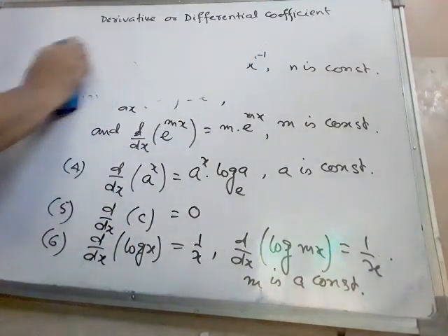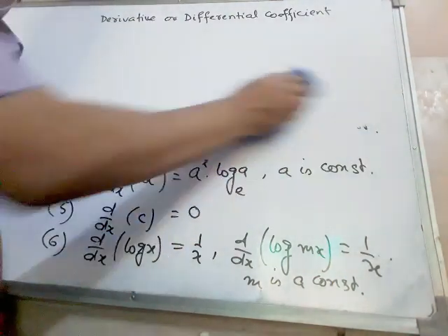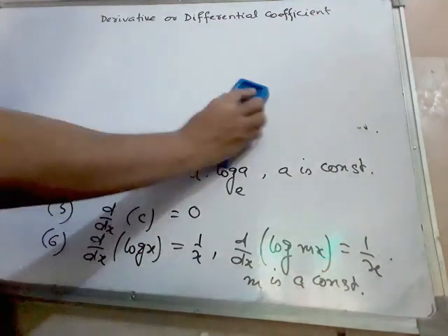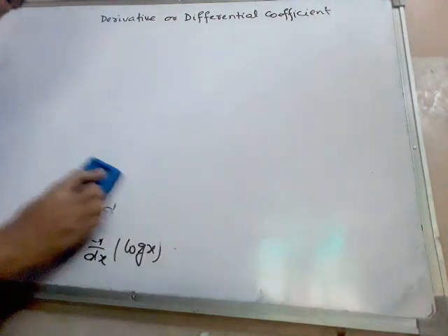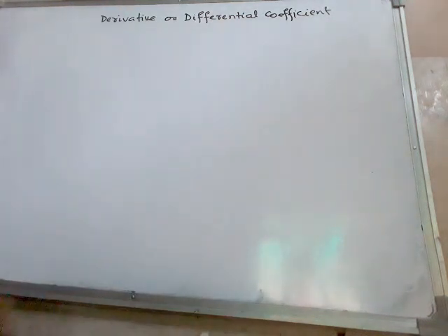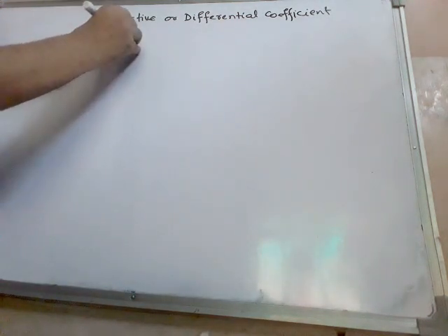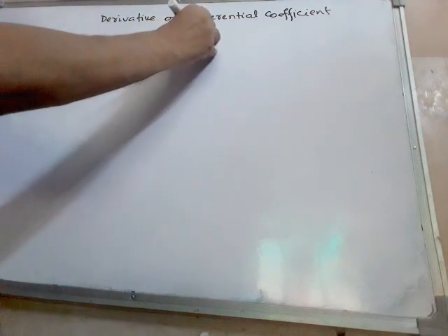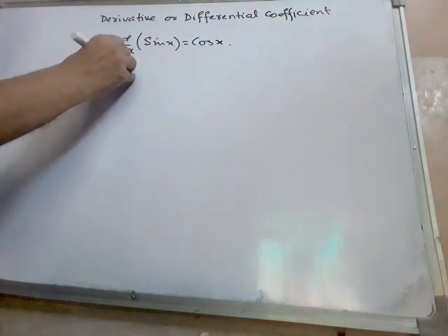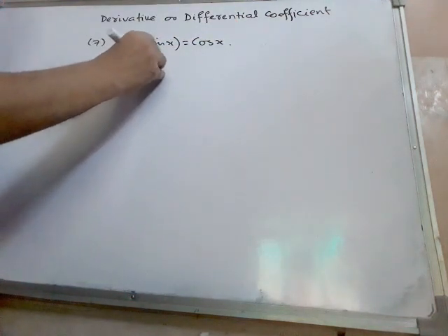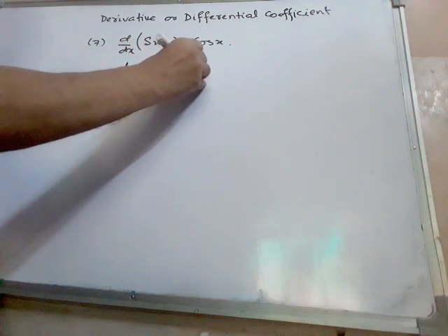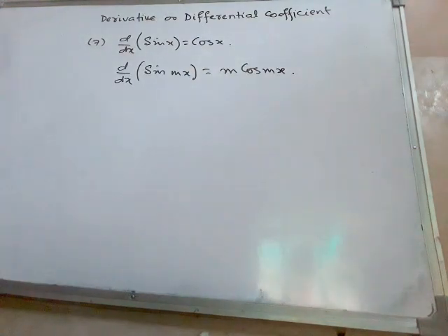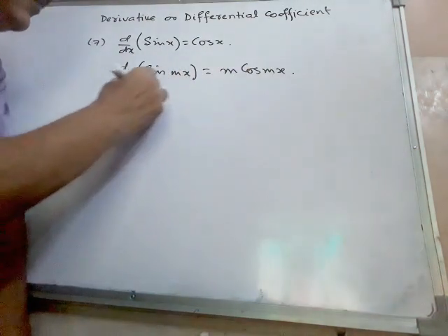Formula number 7: d/dx of sin x equal to cos x, and also d/dx of sin mx equal to m cos mx, where m is a constant.